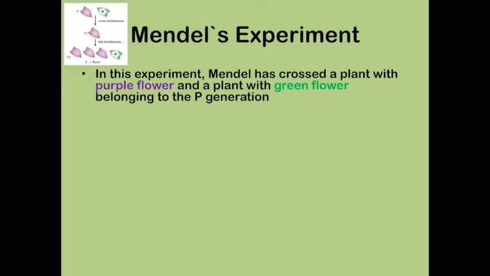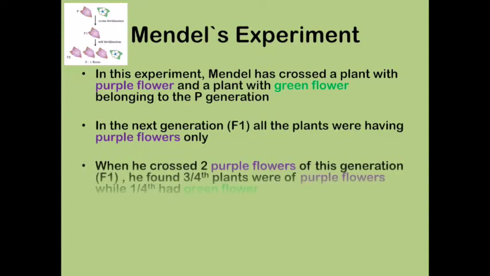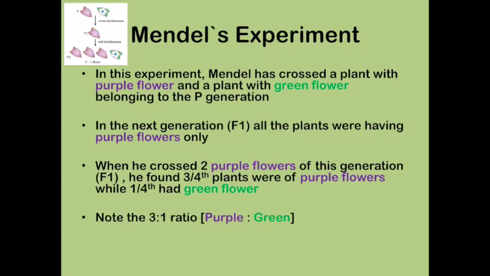In the next generation, all the plants had purple flowers only. Okay, please observe this carefully. And when he crossed two purple-flowered plants of this generation, which is F1, he found that 3/4 of the plants were purple and 1/4 of the flowers were green. So it was something interesting here. Note the 3:1 ratio of purple to green flowers. Okay.